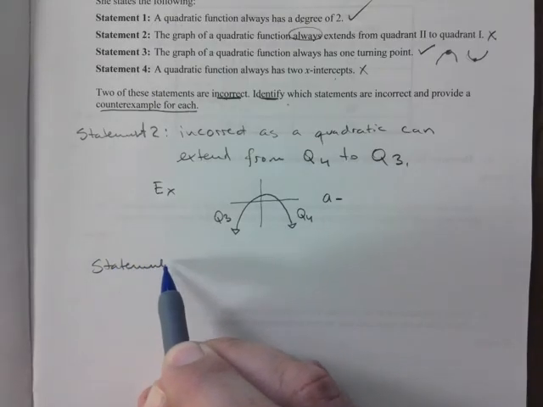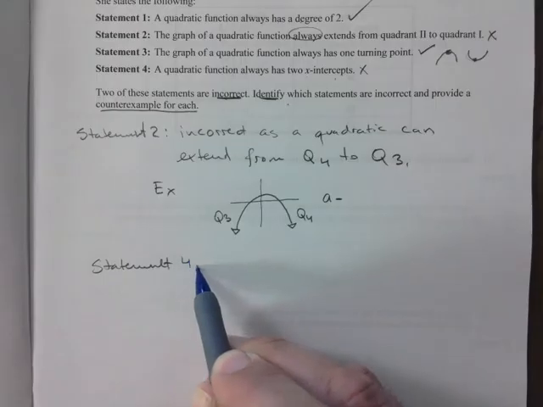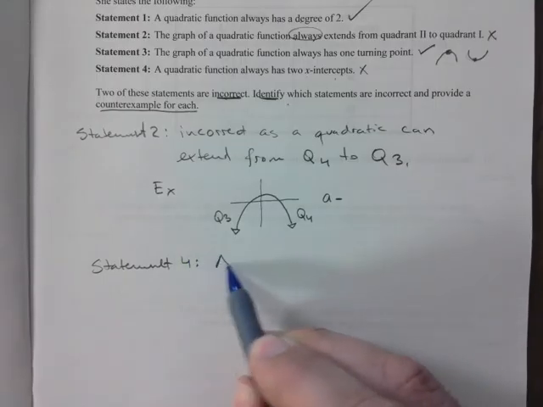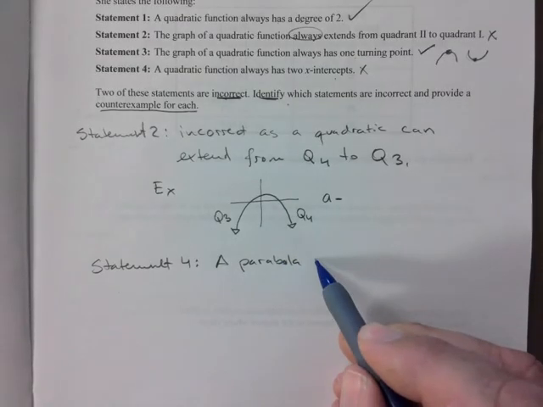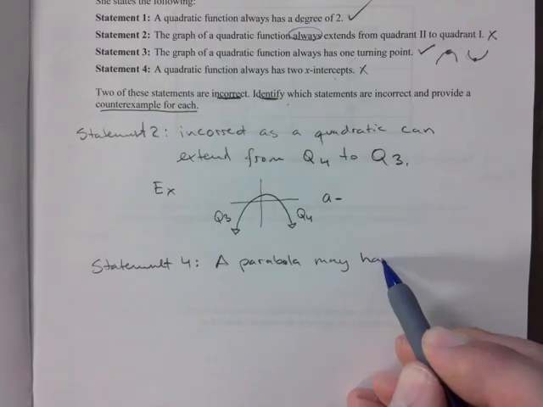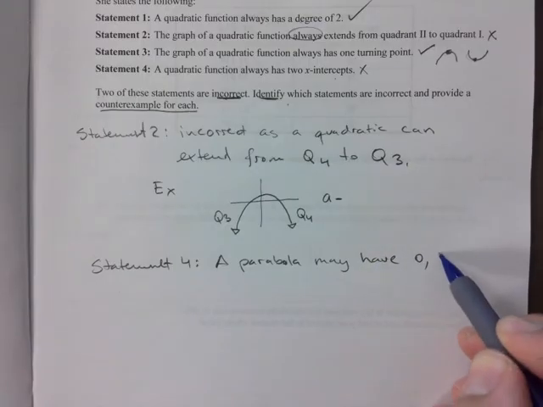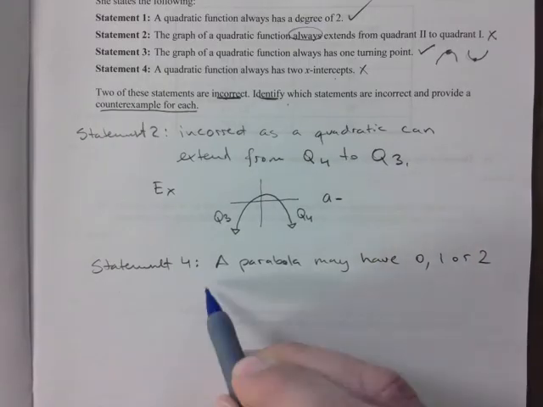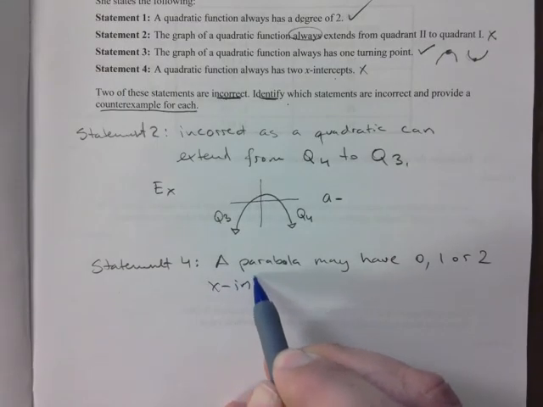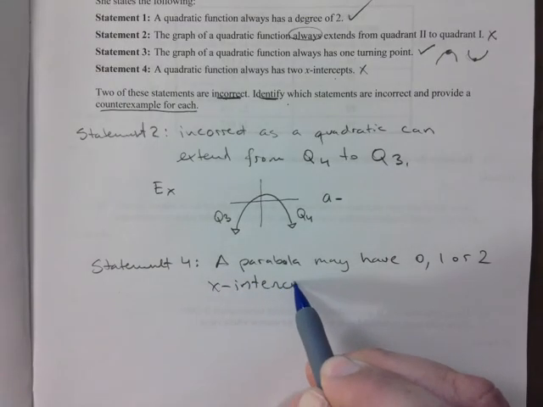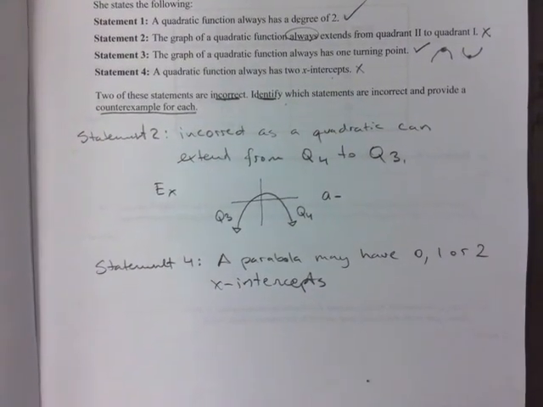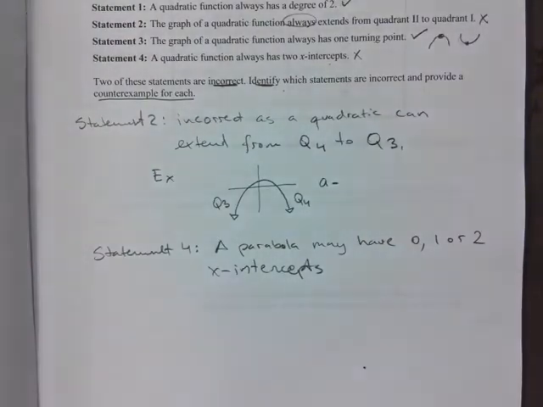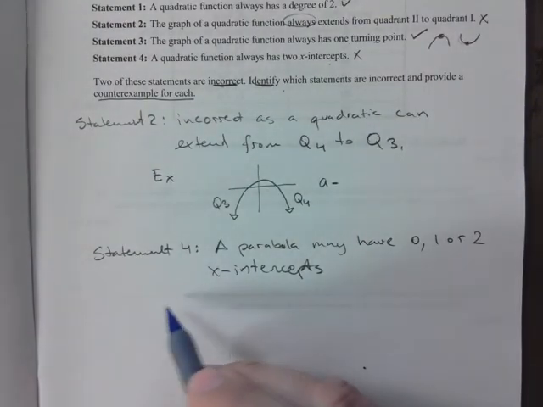That's fine. I'm reading this. Statement 4 is also incorrect. A parabola may have 0, 1, or 2 x-intercepts. Zero, 1, or 2. And we'll just give an example.